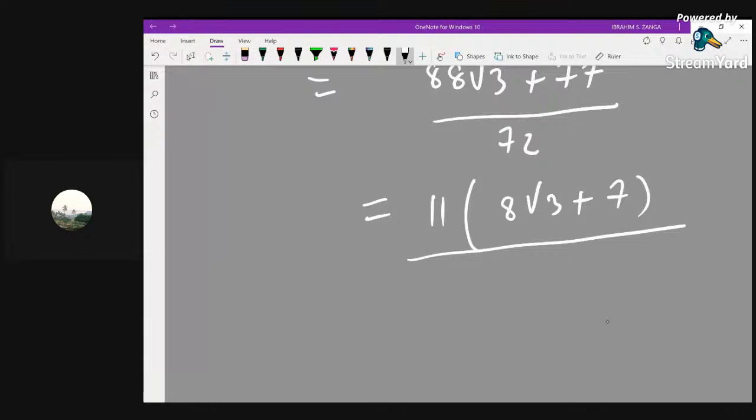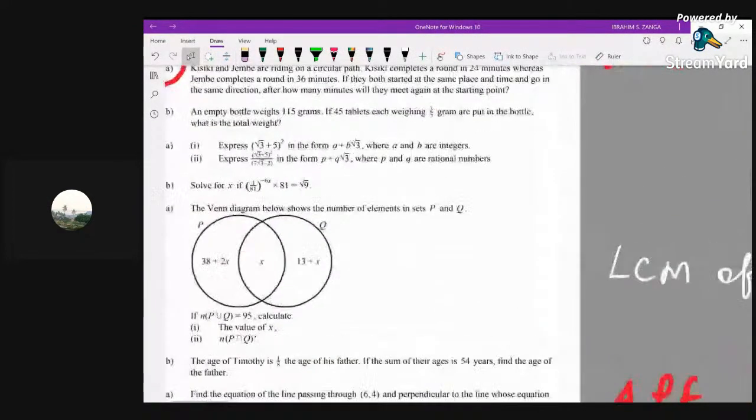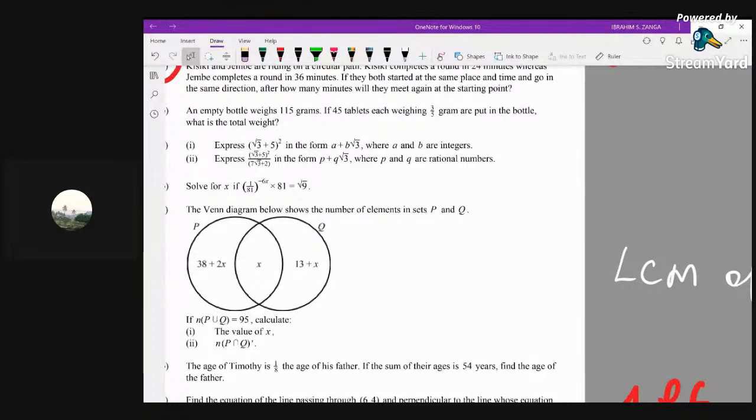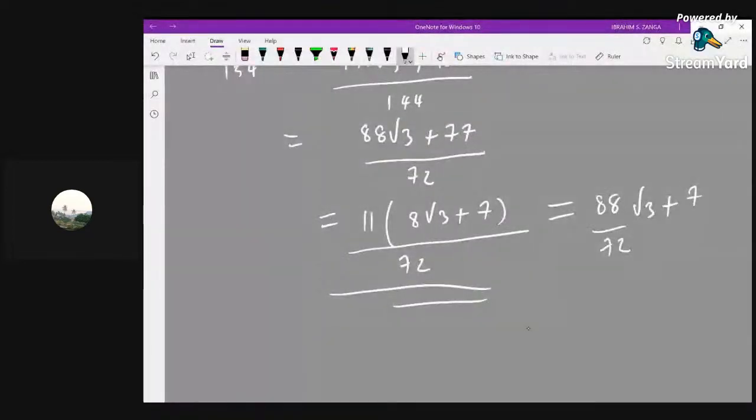Question. You continue with the B part. Anyway, we have to conclude because the format is not over 2 root 3 plus 7 over 12, 77 over 12.